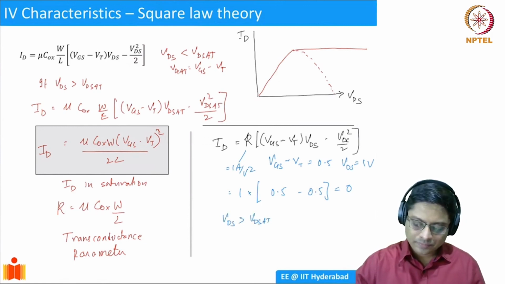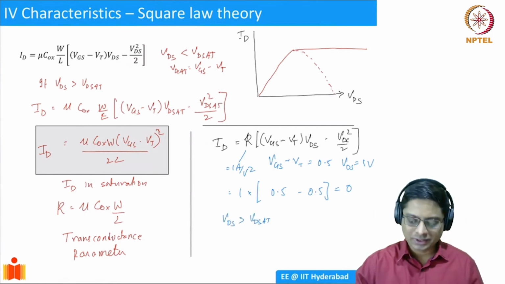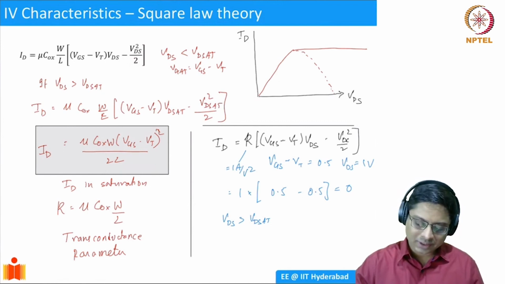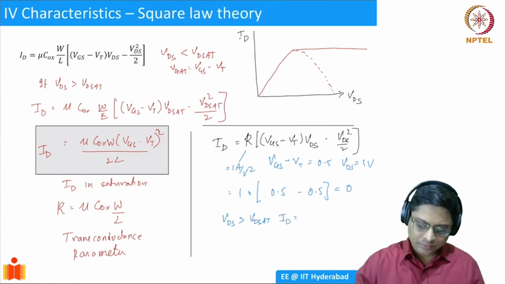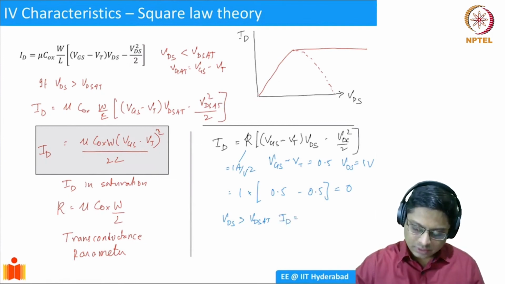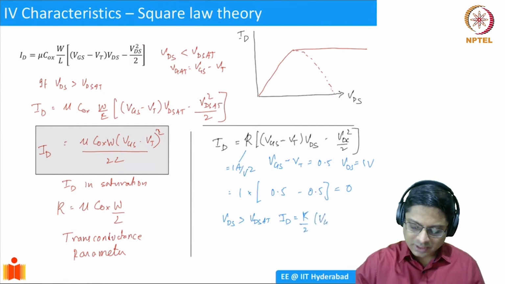So we have to change the current expression. We have to say ID equal to kappa times, you can take 2 here, and VGS minus VT whole square.